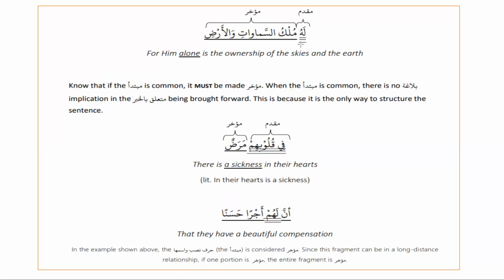Mutaliq bil khabar muqaddam: lahu, li harf jar, hu damir muttasil, ism majroor. So mutaliq bil khabar muqaddam, and look, mulku is mubtada, but it is connected to as-samawati wal ardi.